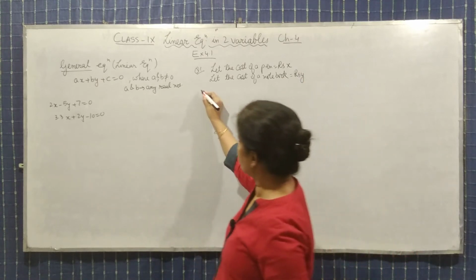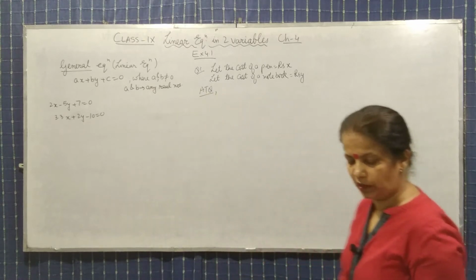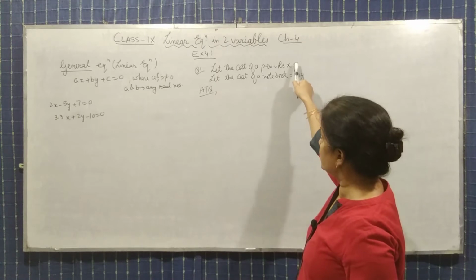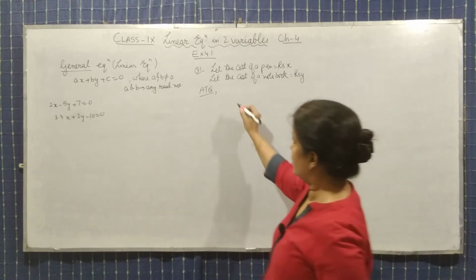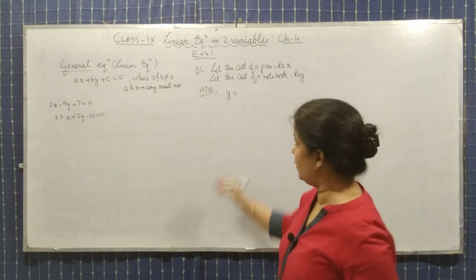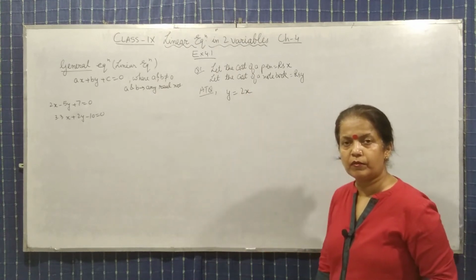Now according to the question, you have to put it in two variables. The notebook cost is twice that of a pen. So according to this, the notebook, which we have taken as y, equals 2x, isn't it?